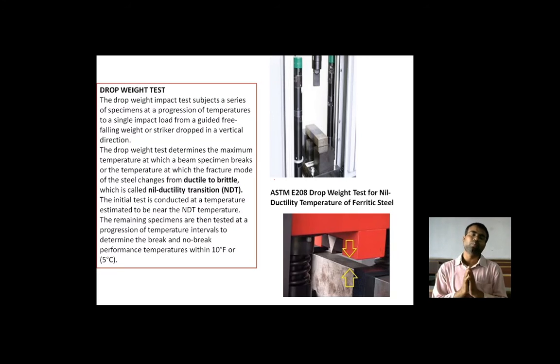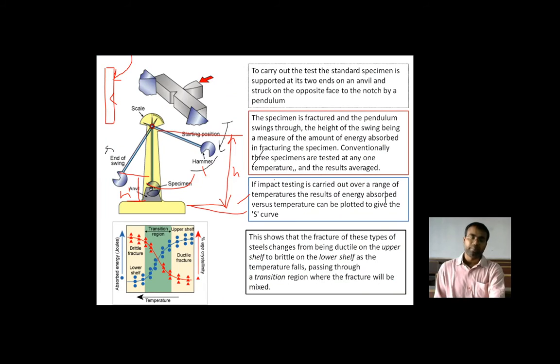And we will discuss more about this particular impact test in the later classes, that is how this impact test is performed on various materials. So the basic difference between the impact testing, the Charpy and the Izod test, is the striking of the hammer.